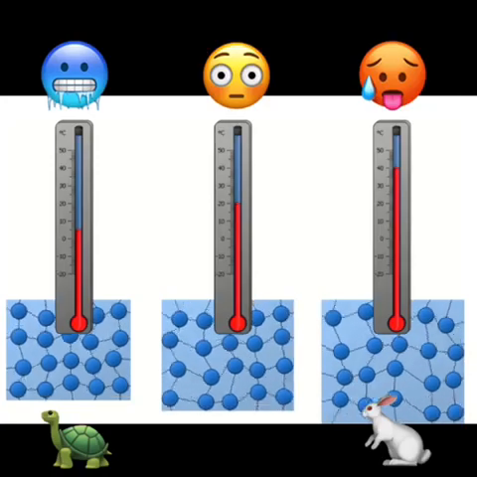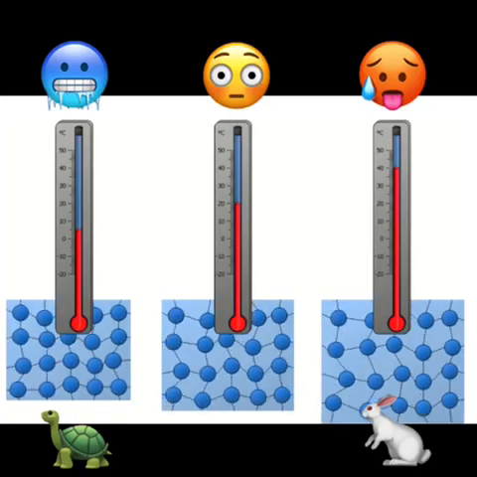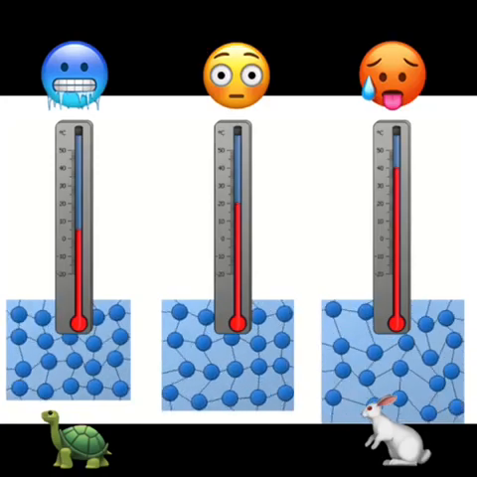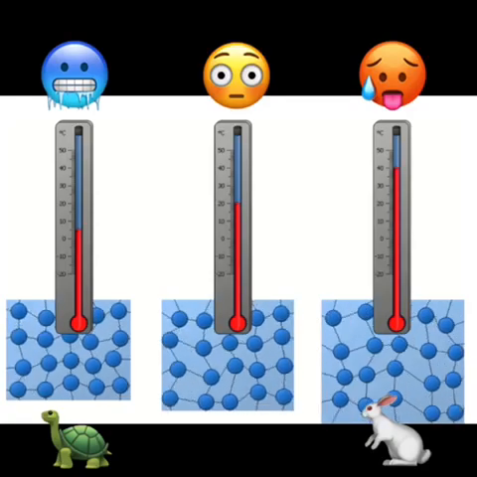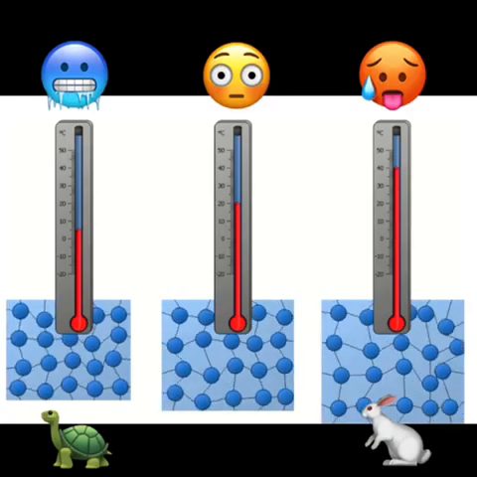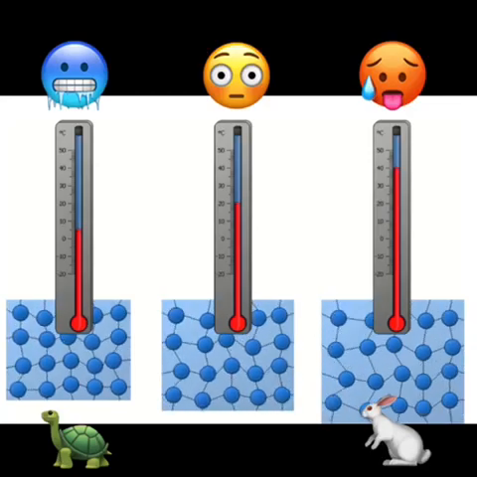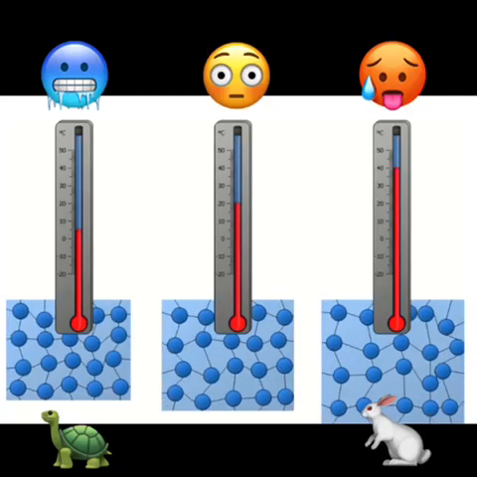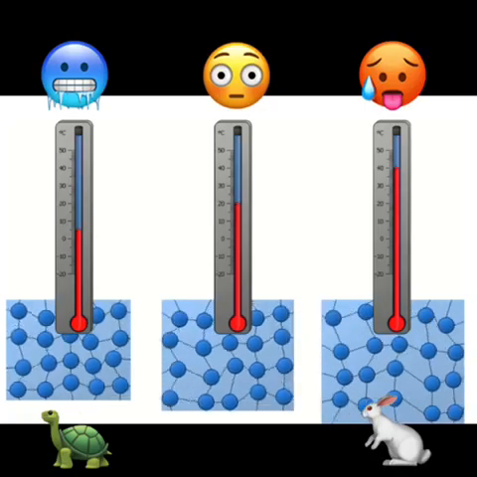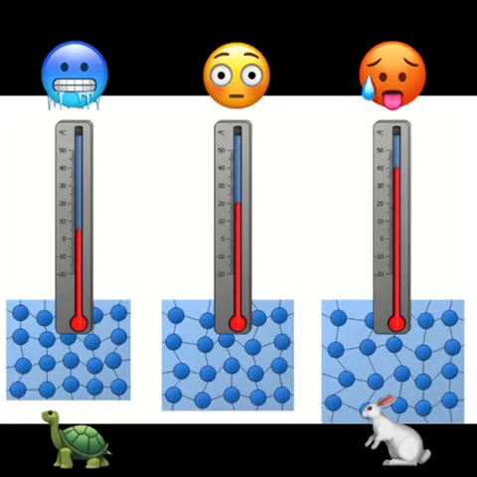Often when we think about temperature, we think about how hot or how cold something is. However, temperature is actually related to how much energy the particles have as they move around. So as you can see in the first picture, there's a little bit of particle motion, and there is a temperature, but it's a pretty low temperature.